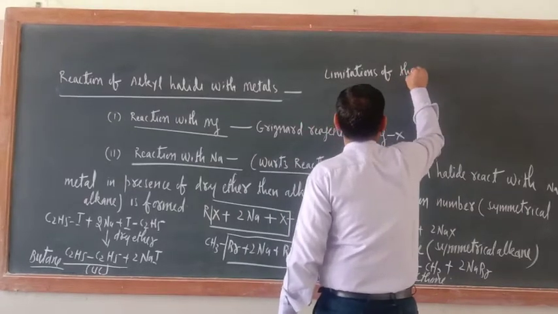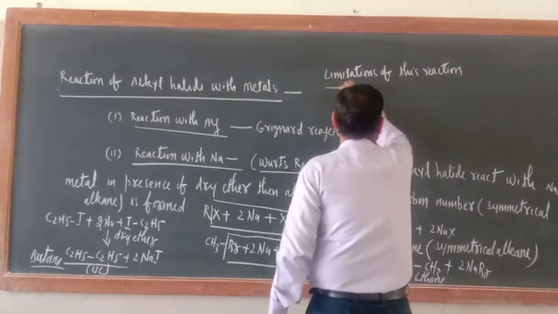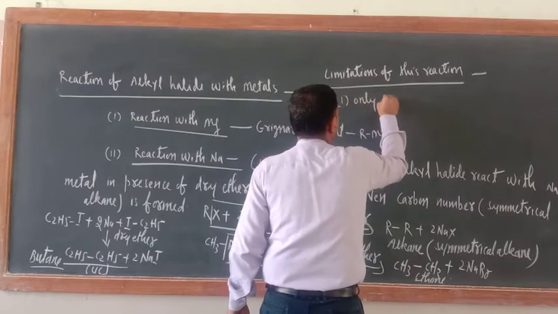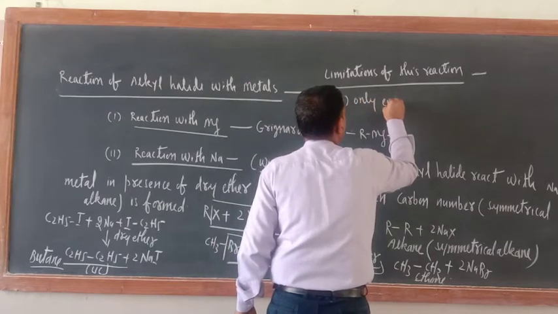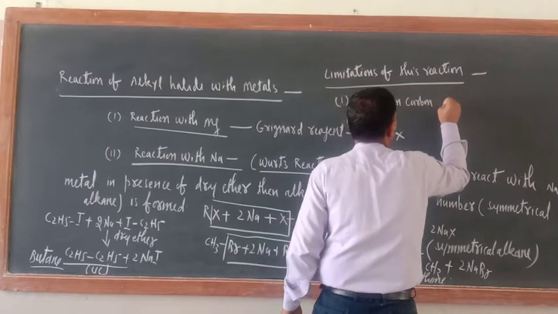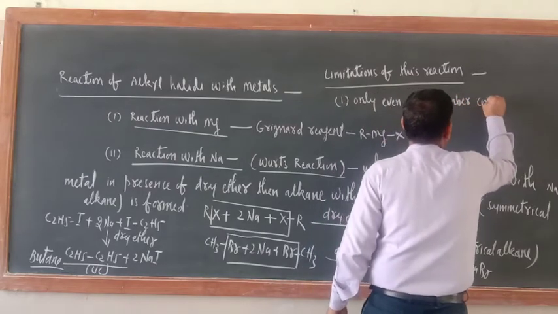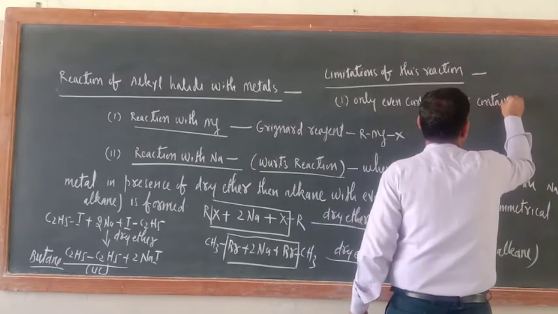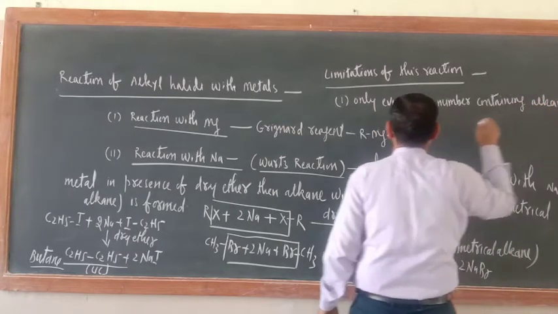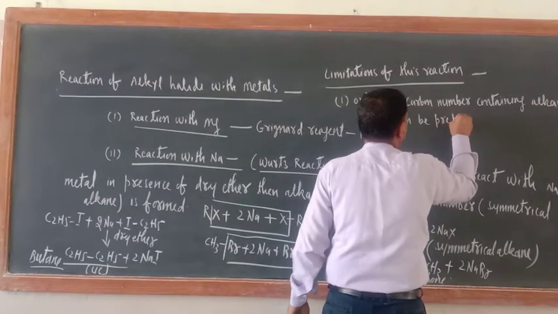Number one limitation: only even carbon number containing alkane can be prepared.